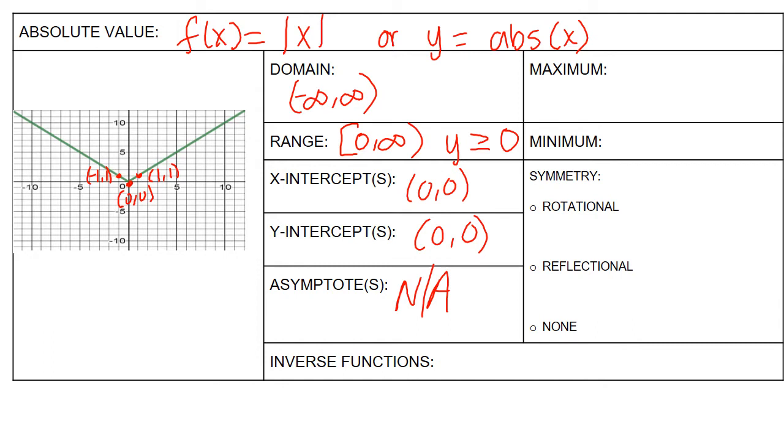Maximum: the maximum does not exist. But I do have a minimum. My minimum is located at x equals 0. And what type of symmetry do you see? Reflectional. I'm evenly divided by the y-axis. Okay? Inverse function: it does not have an inverse function.